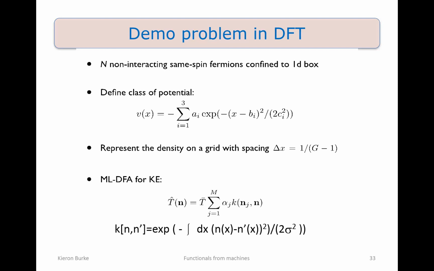And what you do is you sum over all your data points, and you have weights and kernels. And so the kernel, if two densities are identical, this is 1. And then the further you get away, the more rapidly this decays. So what happens is you take some density, and the densities that look most like it will contribute most heavily to your estimate of what the kinetic energy should be.